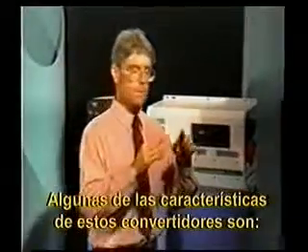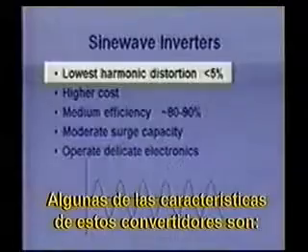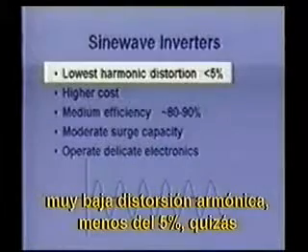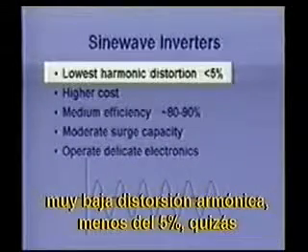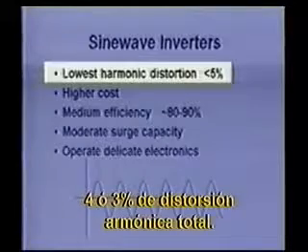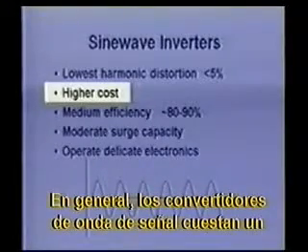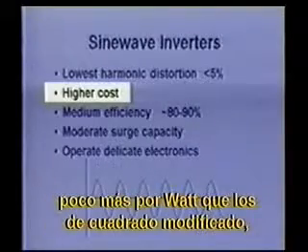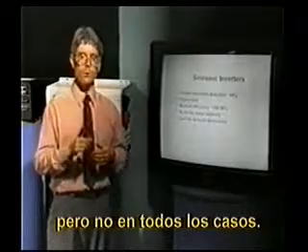Some of the characteristics of these inverters are very low harmonic distortion, typically less than 5% now, maybe 4 or 3% total harmonic distortion. In general, sine wave inverters cost a little bit more per watt than modified square inverters, but that may not always be true.